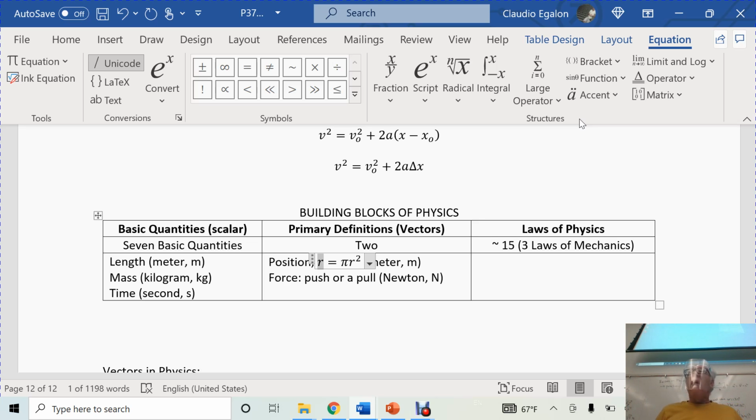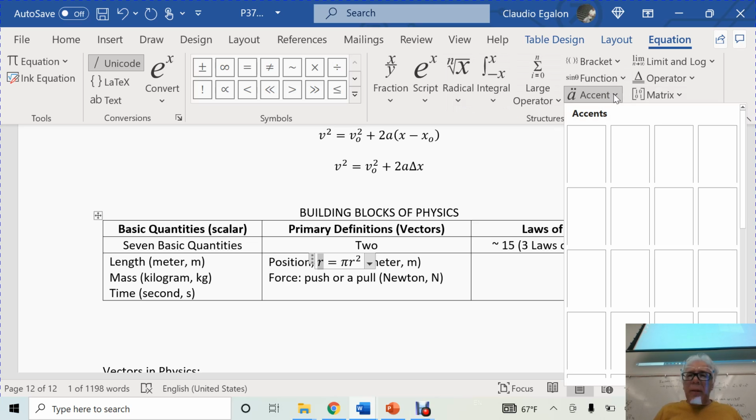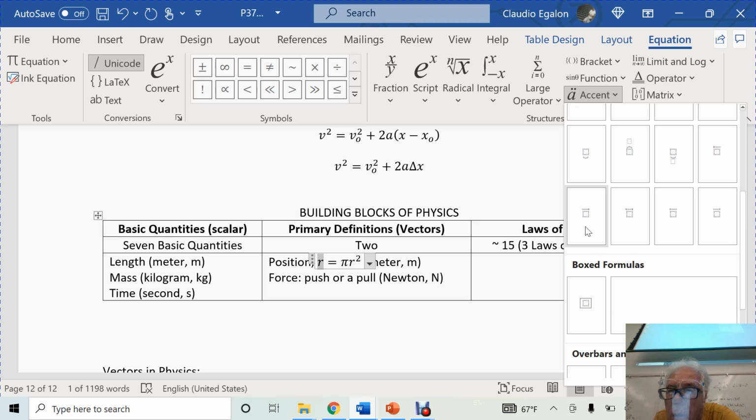Let's see, where is the accent? See how slow it is? My big computer at home is not slow like that. And it's a new computer. I don't understand why it's so slow. No, that's not what I want. Where's the arrow? That's the arrow finally.